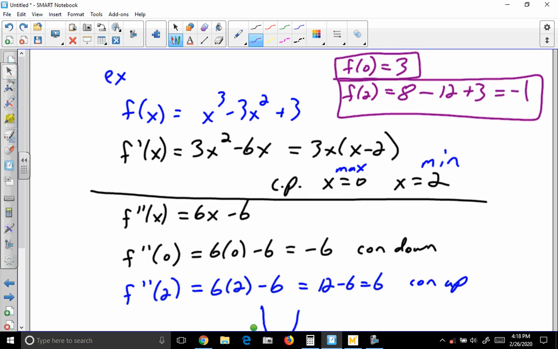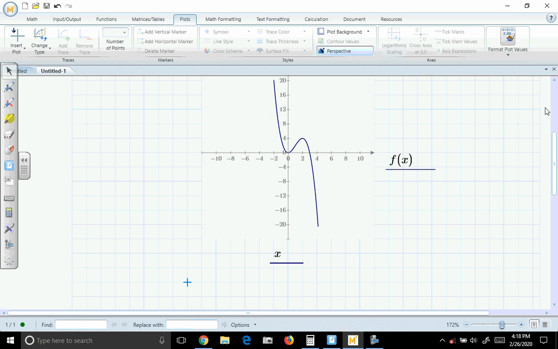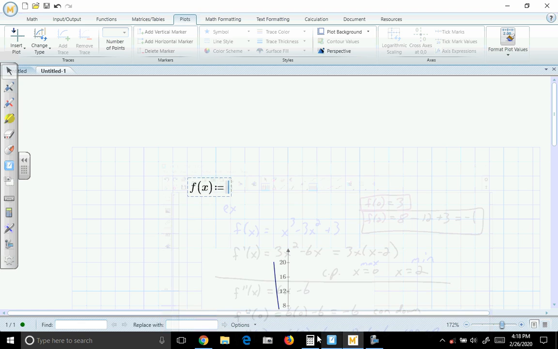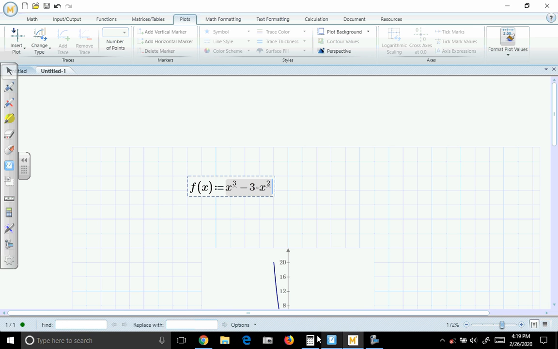If we graph this, then we should be able to verify those results. So if we pull up MathCAD, let's plot this function, x cubed minus 3x squared plus 3.